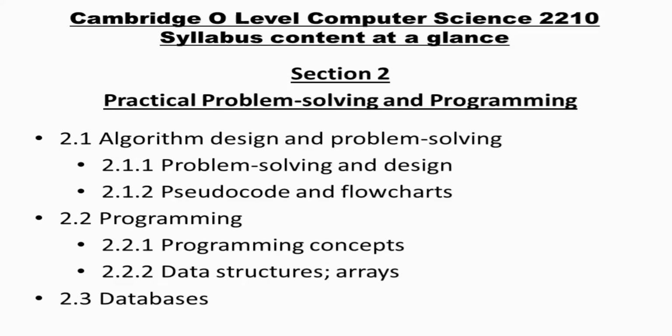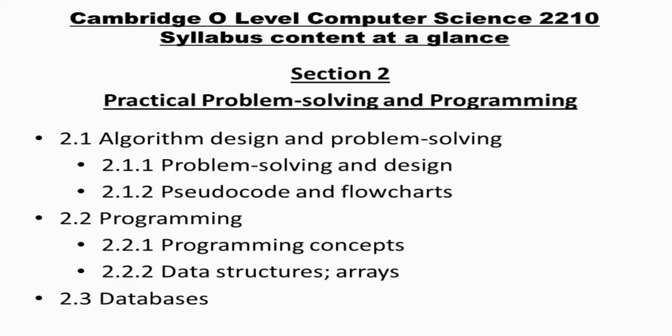So in grade 11 we will start from section 2. The title of the section is practical problem solving and programming, and this section 2 consists of the following topics. The first topic is algorithm design and problem solving.